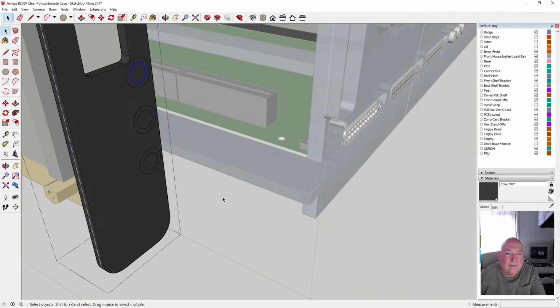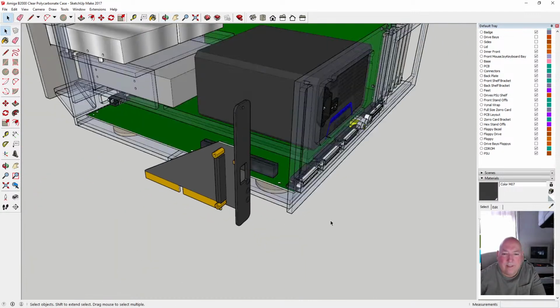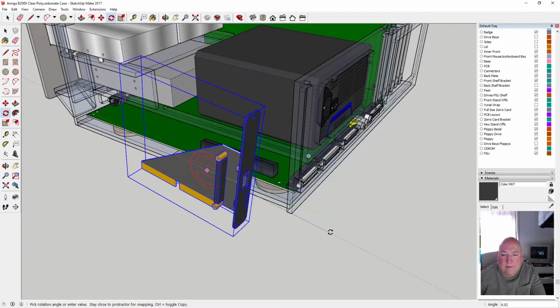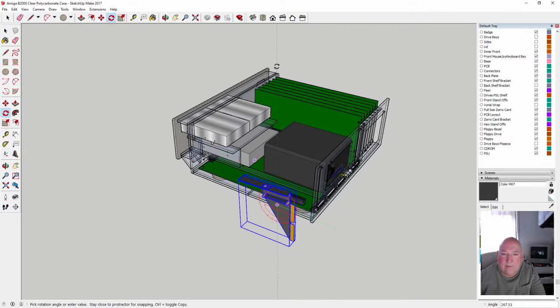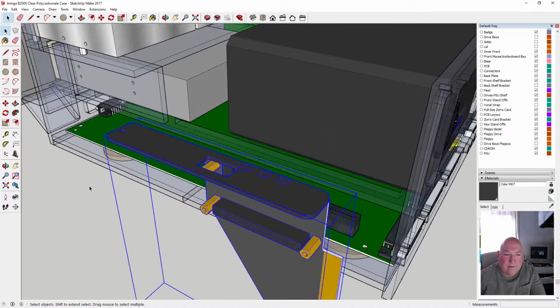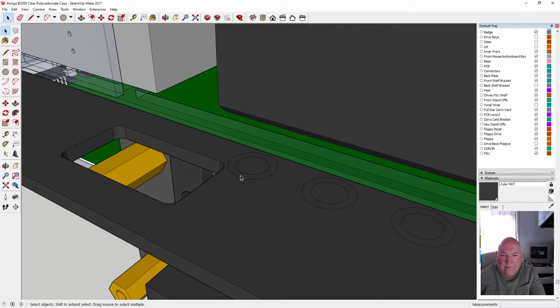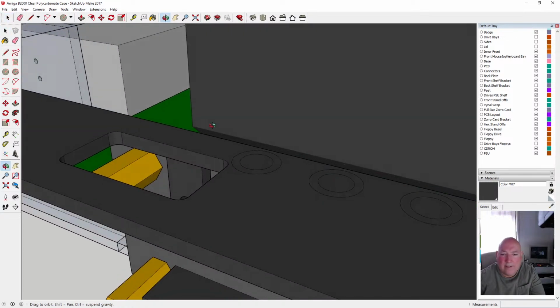Tell you what, I can't work on it that way, so I'm going to rotate the whole thing back up, upright like that, so I can work on it. Don't know why it doesn't like doing stuff in weird orientations.